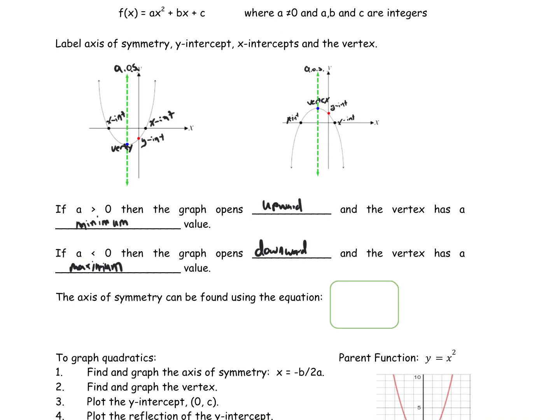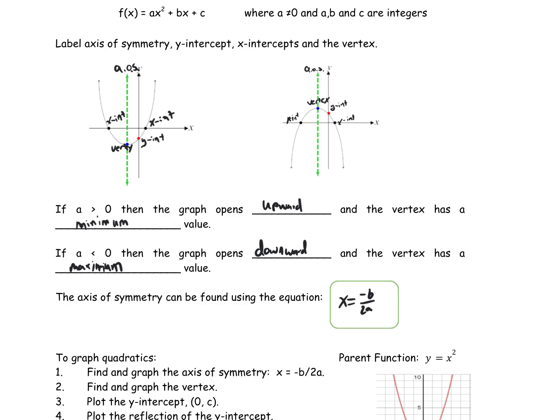All right. Now, what's cool is that we can always find the axis of symmetry in a very easy way, and that is the equation x equals negative b over 2a. Now, remember, if the equation of a graph is x equals a number, it's going to be a vertical line, and every axis of symmetry is a perfect vertical line.